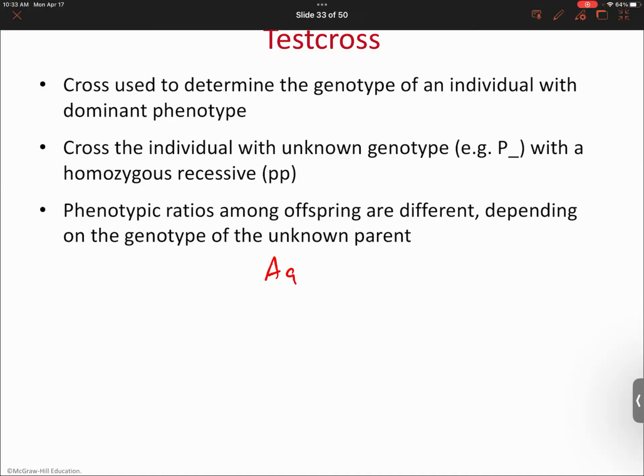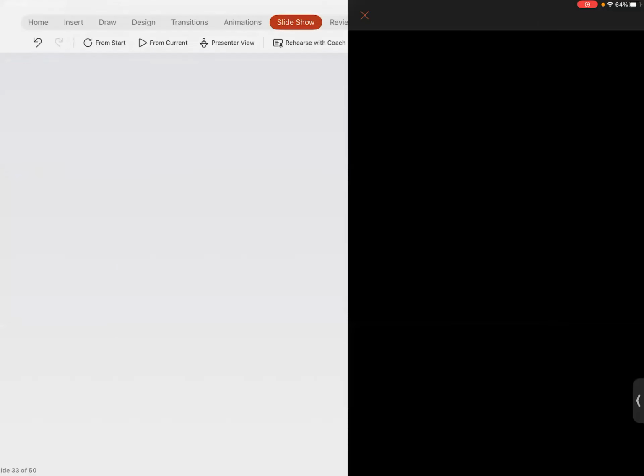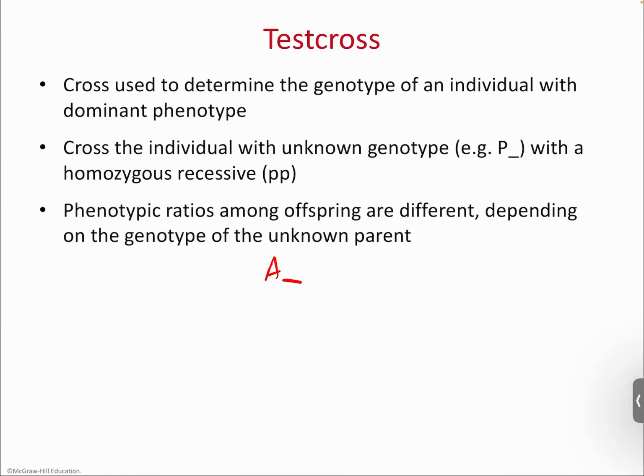Let's say you get this situation where you get this plant or whatever, and it's got the dominant phenotype, right? So the question is, what is that second allele? Do you know? You don't, right? Not in Mendel's system.